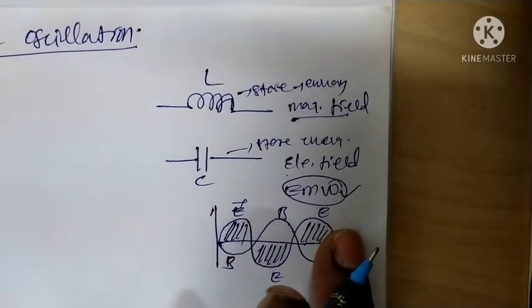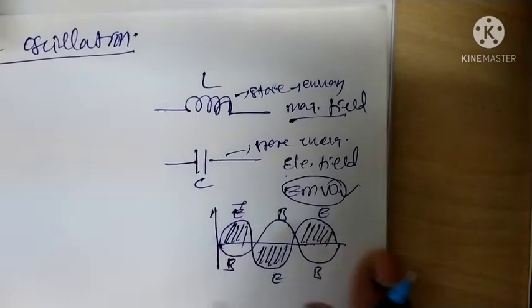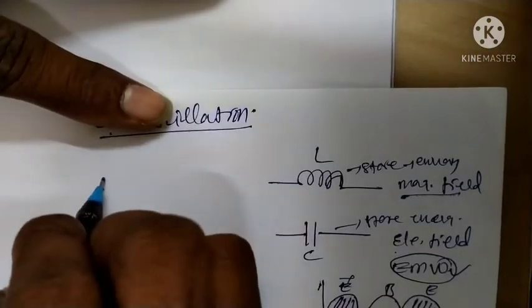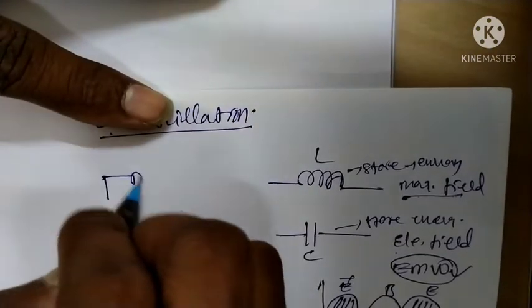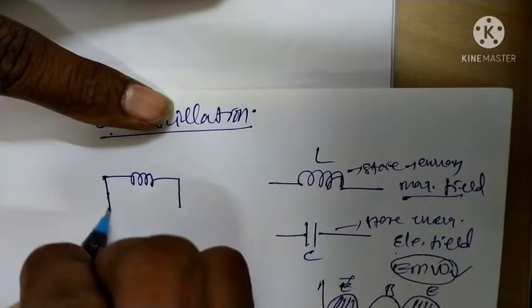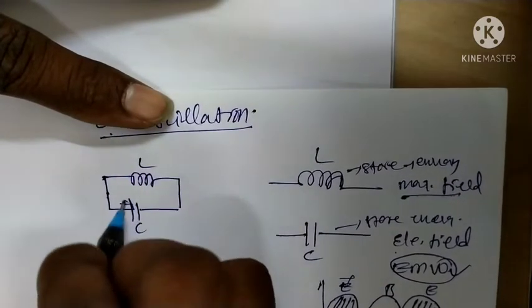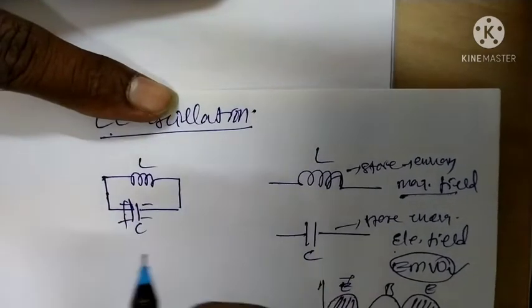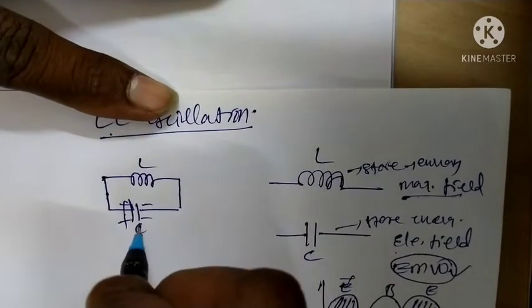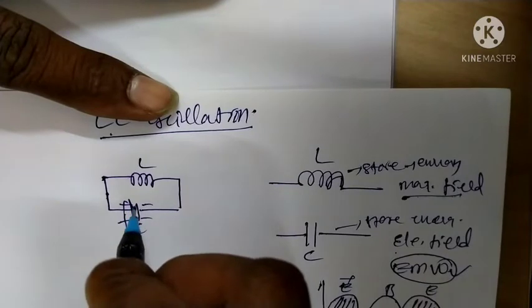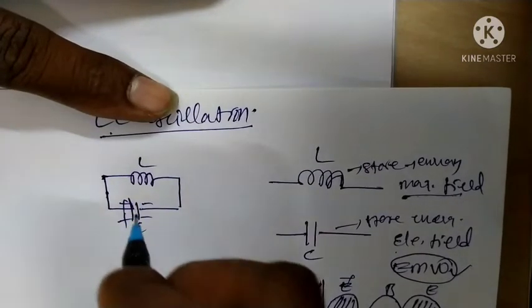Suppose initially we connect the LC circuit like this. This is the inductor. This is the capacitor, with positive and negative plates. Without any current, no current is passing through the circuit.